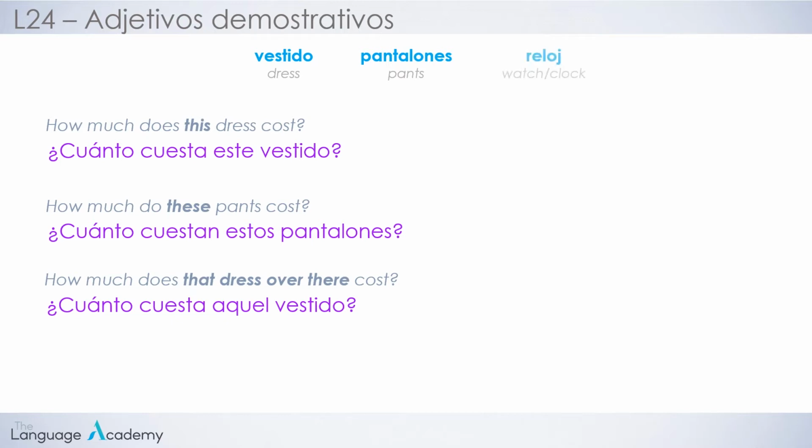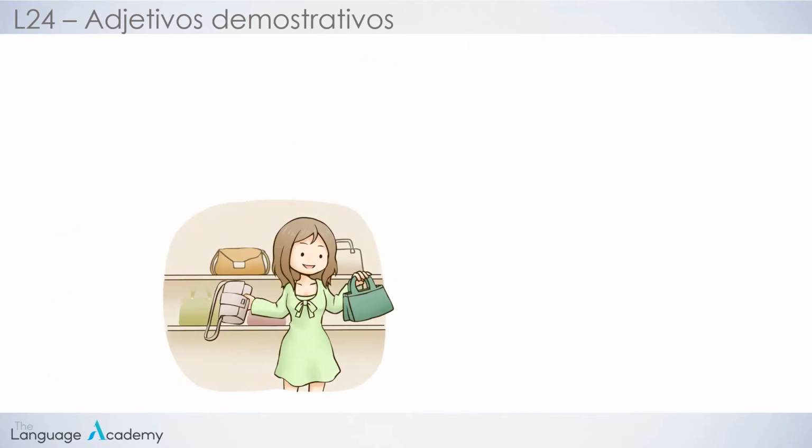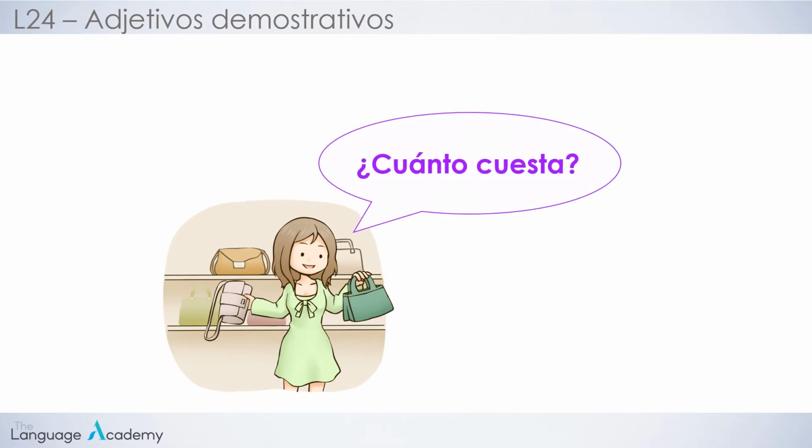Using the word reloj, how would you ask, how much does that watch cost? ¿Cuánto cuesta ese reloj? If you think it is too troublesome to find the correct demonstrative adjective, you don't need to worry too much, since you can always just grab or point to the object and ask, ¿cuánto cuesta?